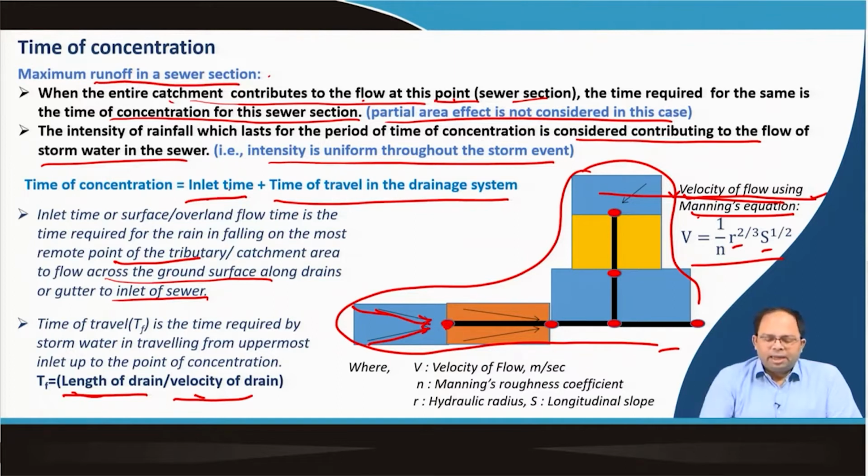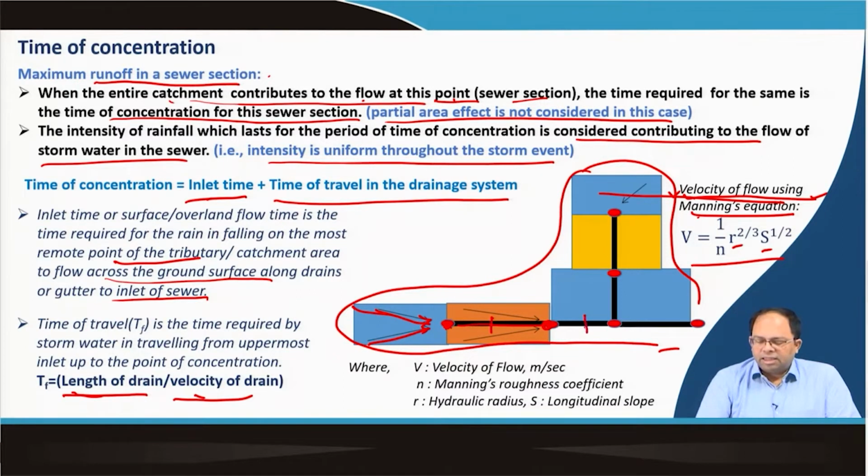So, only inlet time is considered, there is no time of travel in the drainage system. But when I decide the size of this particular sewer, we need to determine what amount of water flows for this particular section. Whatever water comes into this inlet is considered while designing this section.